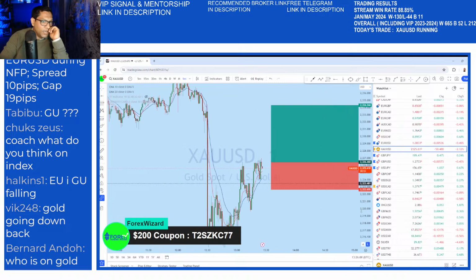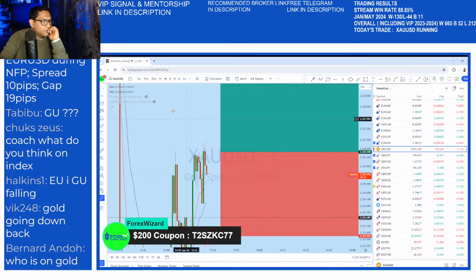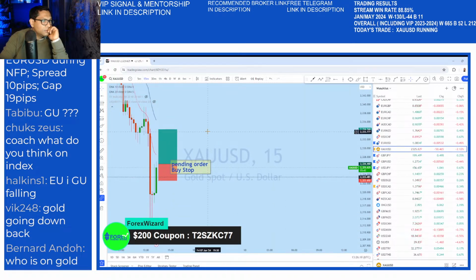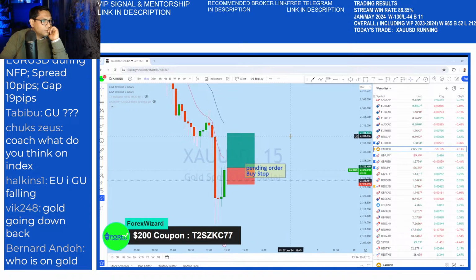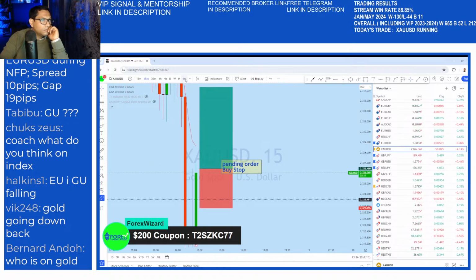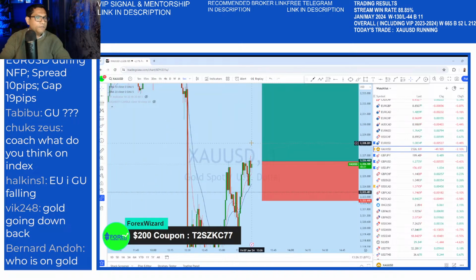Now, a very narrow doji. Want to see trending to the upside.